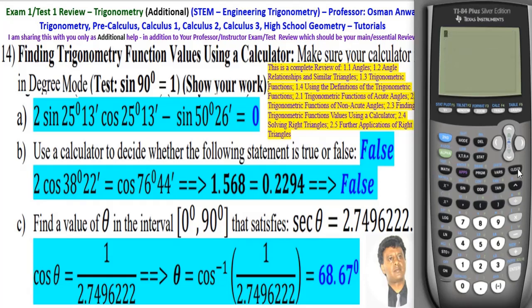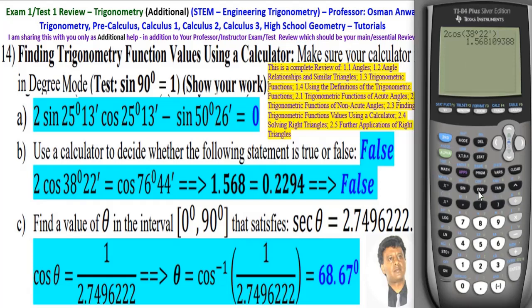Okay. Clear off here. B is 2 cosine 38 degree and 22 minute, and that is equal to 1.568.